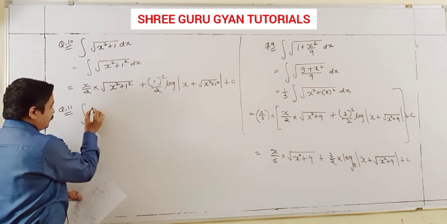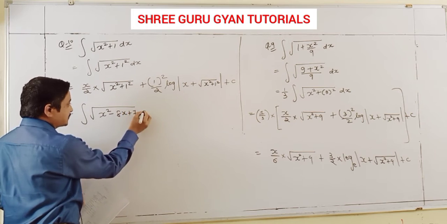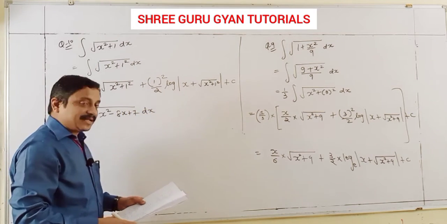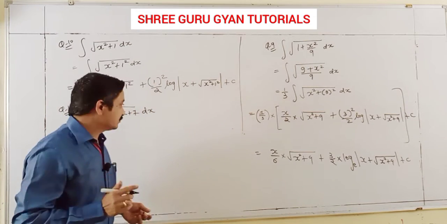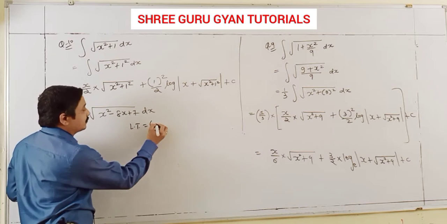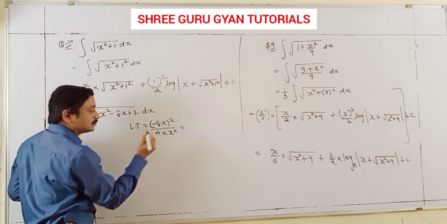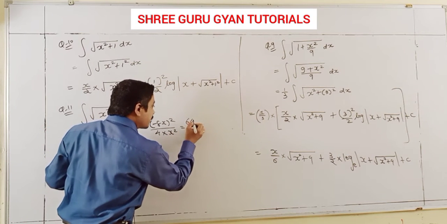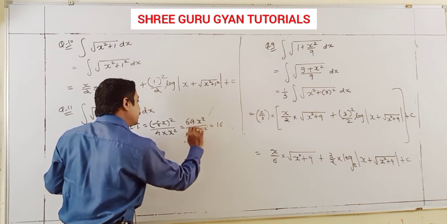Now question number 11. Integration of x square minus 8x plus 7 dx. Yes, that also is covered by the last term rule. Students, my last term here, the x square means minus 8x square, 4 into first term, and it is 64x square by 4x square, cutting, 16.